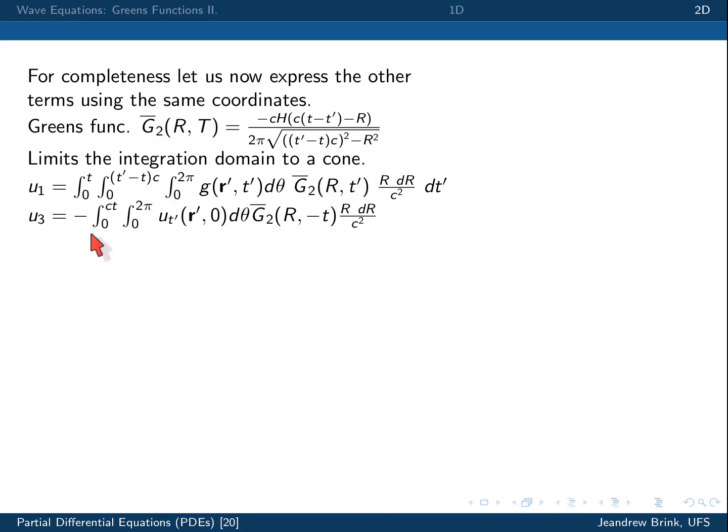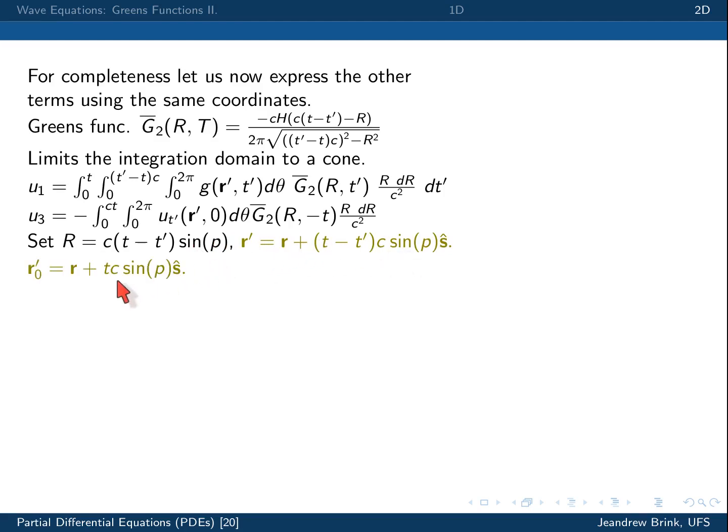And u3, here I've made explicit the domain of integration just goes to ct, and you have the same thing. Okay, so once again, because this domain of integration is already limited, I'm going to reparameterize r with sine p, and I'm going to express our r' vector as equal to r plus (t minus t')c.